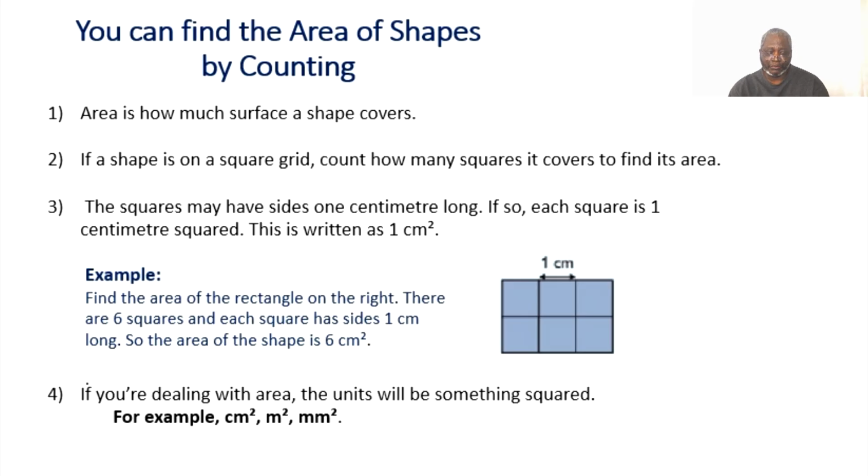So what do we do? We just count the squares in the box. To find the area of the rectangle on the right, there are 6 squares, and each square has sides 1 centimeter long. So the area of the shape is 6 centimeters squared.